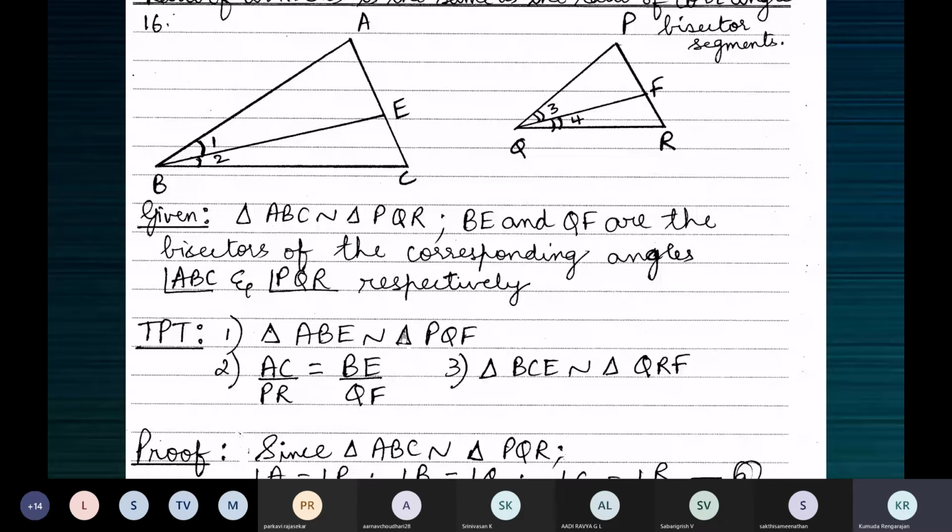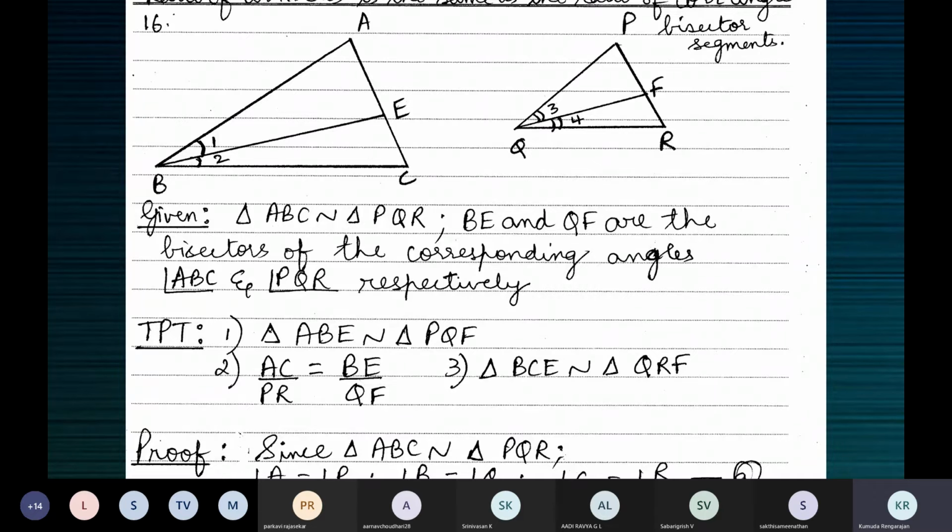In all these three, we prove that the triangles on either side of the line segment are similar to each other. The line segments may be altitudes or medians or angle bisector segments.